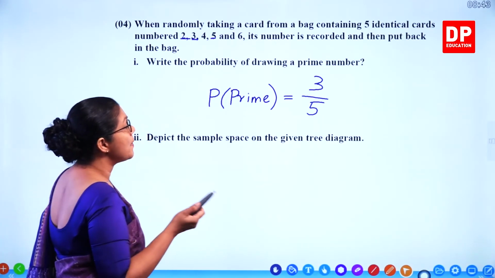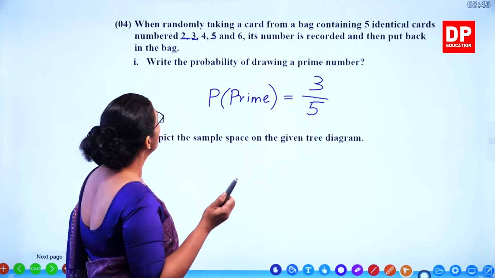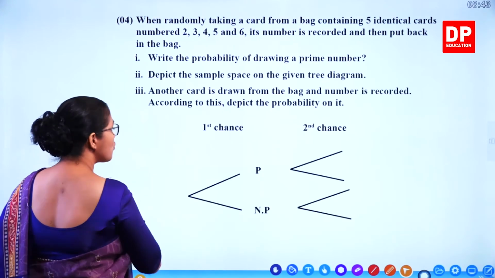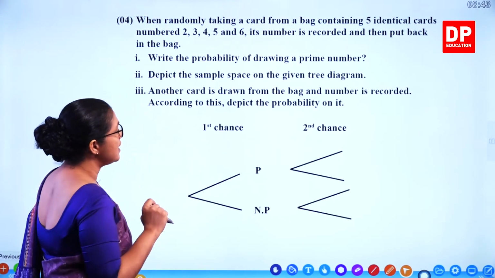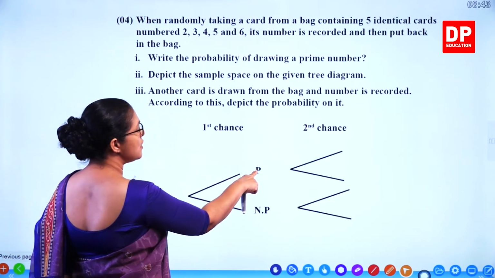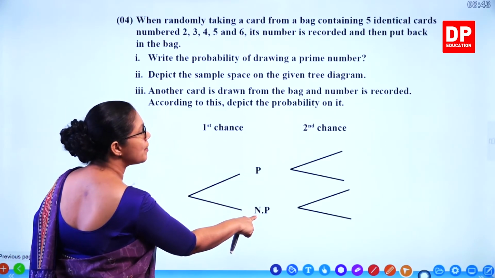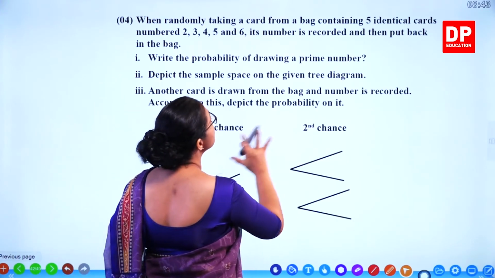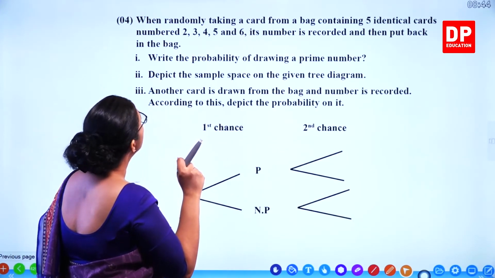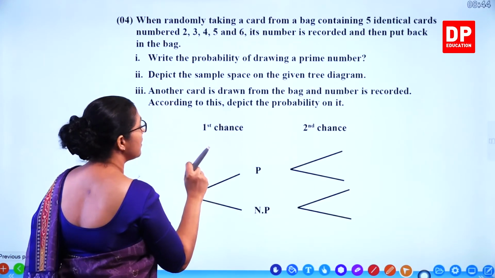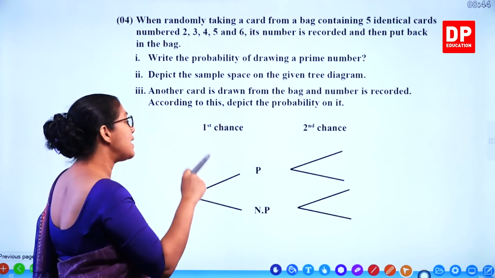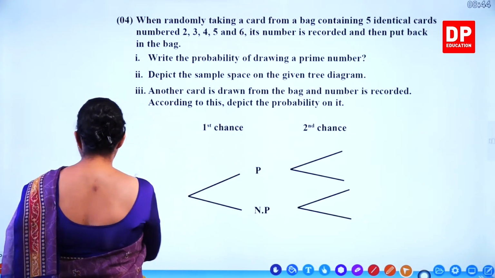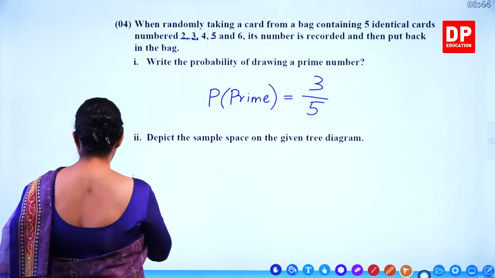Depict the sample space on the given tree diagram. So the diagram is given there, so we can fill it here. This P means prime number, NP means not a prime number. There are 2 chances. They are taking cards twice, but make sure that it's replacing. So what's the probability of a prime number? 3 over 5.